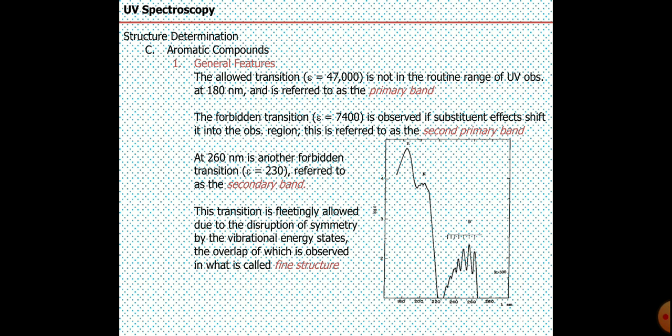At 216 nanometer is another forbidden transition referred to as the secondary band, and this transition is allowed due to the disruption of symmetry by the vibrational energy states, the overlap of which is observed in what is called fine structure. So in this diagram you can see the different types of bands. Some bands are less intense, some bands are highly intense. So you can observe the splitting pattern of this band.